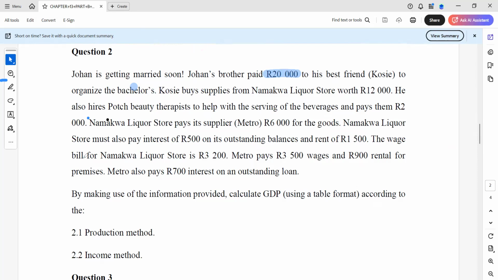The wage bill for Namaqua Liquor Store is 3,200. Metro pays 3,500 wages and 900 rental for premises. Metro also pays 700 rand interest on an outstanding loan.